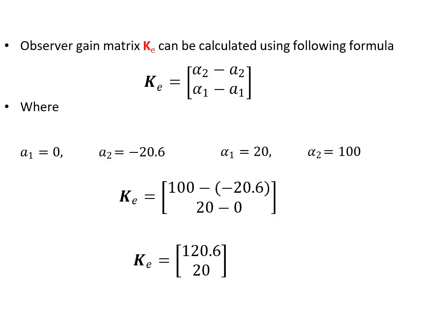Then we construct the Ke matrix, which is alpha 2 minus A2 and alpha 1 minus A1. Alpha 2, which is equal to 100, minus A2, 100 minus negative 20.6, equals 120.6, and for alpha 1, 20 minus A1, 0, equals 20.